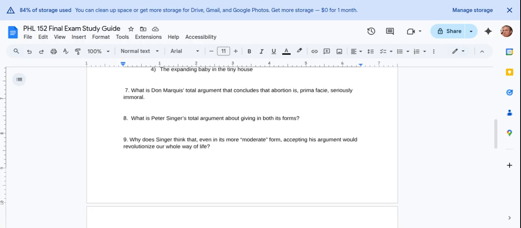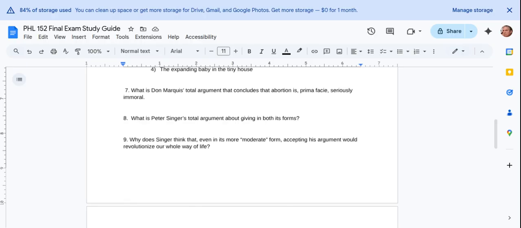Number 8, what is Peter Singer's total argument about giving in both its forms? It's a short argument. It's only got two premises. The first premise is essentially that certain things are bad, and the second premise has to do with what we ought to do to prevent bad things.